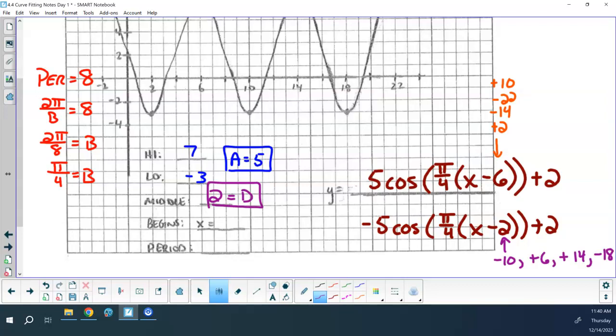Now, we will never, I shouldn't say never, never is such a strong word. It would be very rare that we ask you to find a sine and a cosine curve or function based off of one single curve. Normally, we will tell you which one we want.